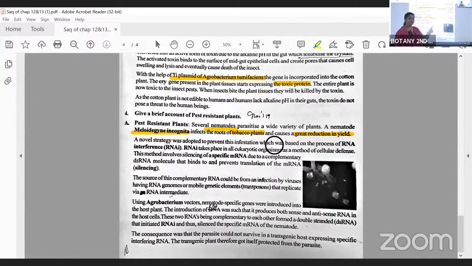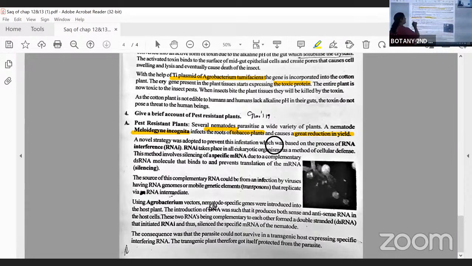In the bacteria, what we have seen were the plasmids, and in the viral organisms, we have seen TMV causing infections in the tobacco plant, which has RNA as its genetic material. I said the same thing here also we have to remember.